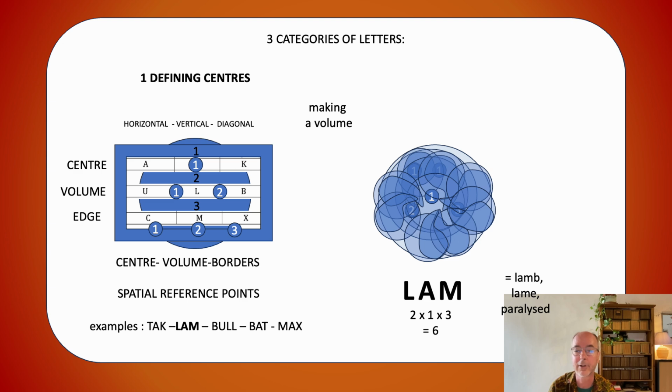What does a lamb actually mean? It's a lamb with the B at the end. It's also the meaning of lame or paralyzed. So the positions are really breaking open and making more and more form around the center, but also at the borders.